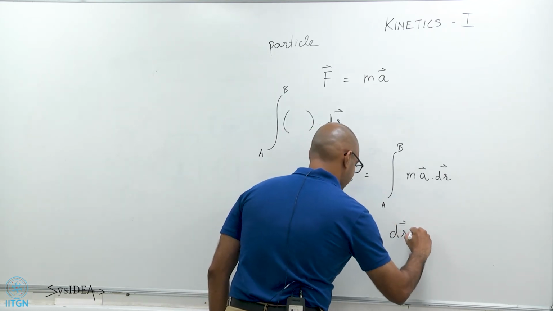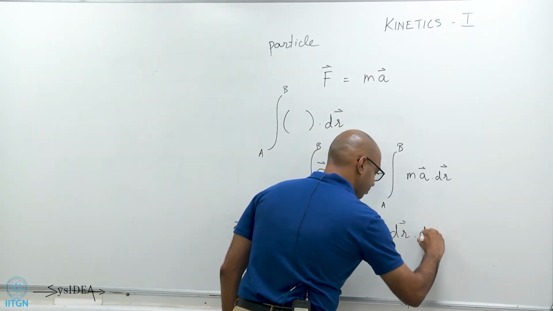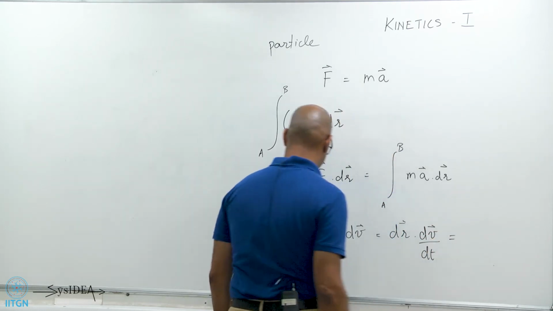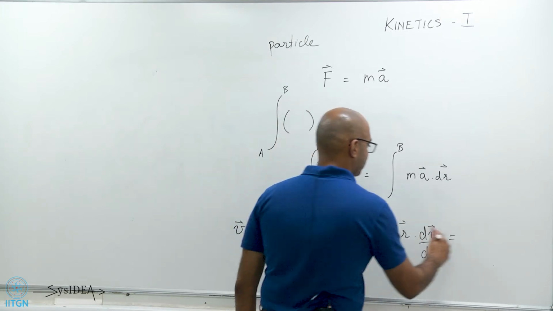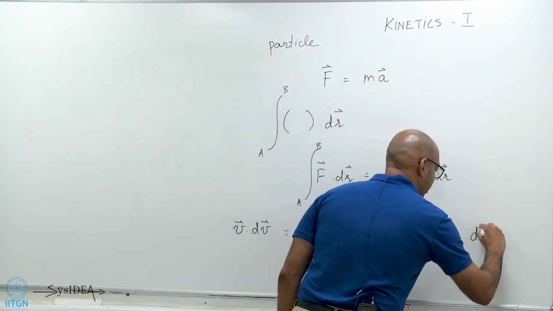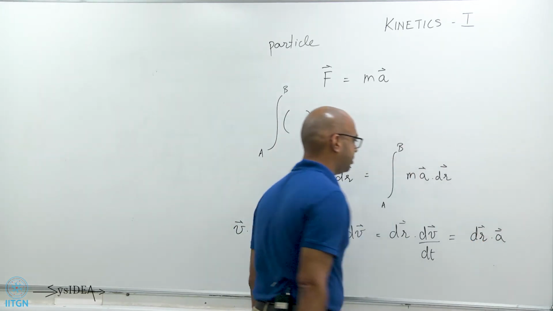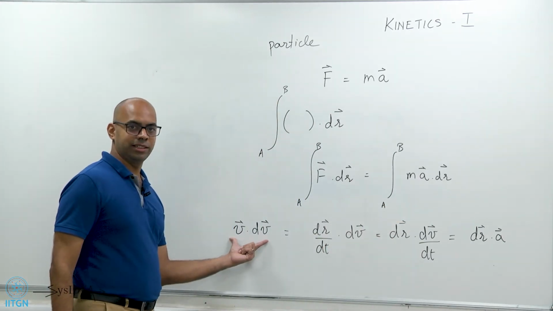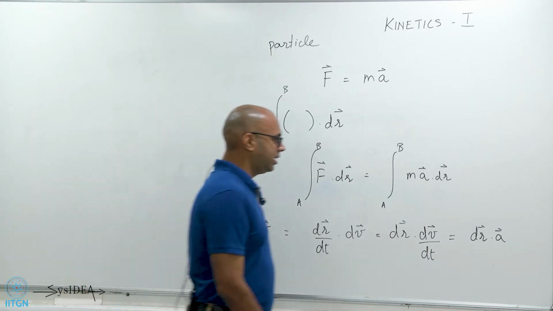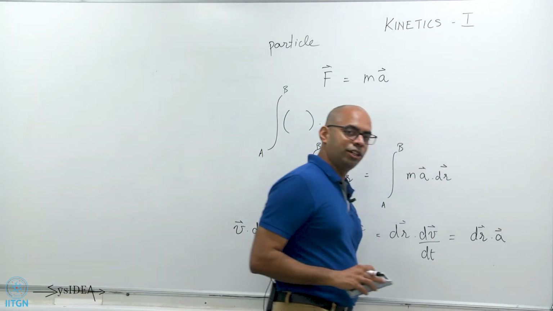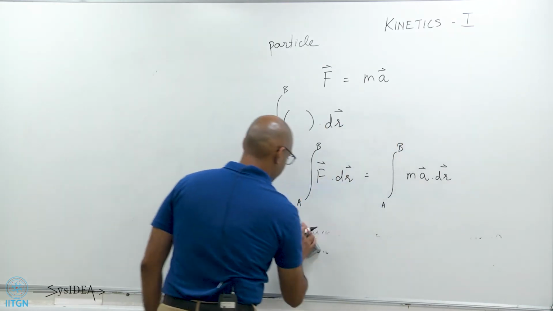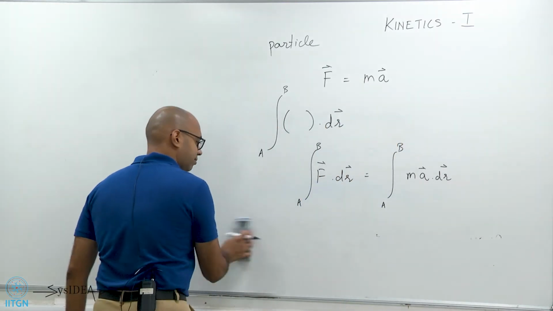This is, as I said, a crude derivation, just to give you the spirit of how these things are derived, and this becomes just dv dot with v. So this dot product can be written as v dot dv. Now this leads to an expression which some may find surprising.